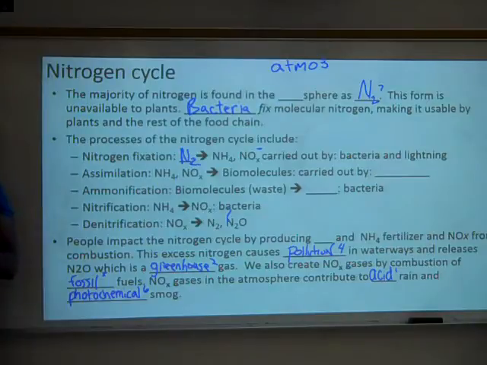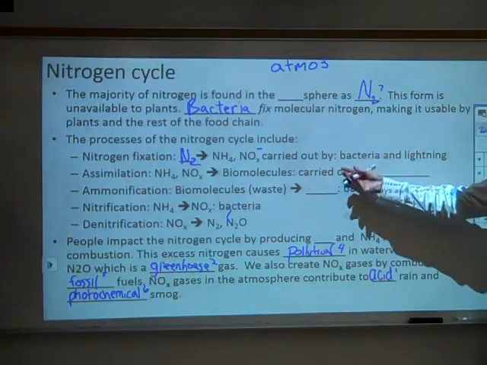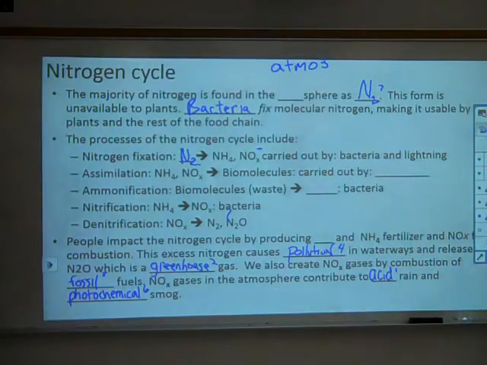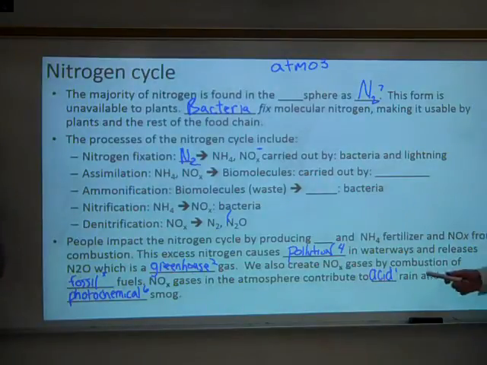Now the next one, assimilation. This is what plants do in general, so this is a general term. In this case, we're talking about it for nitrogen, but it's also what plants do when they make, for example, the glucose from photosynthesis into cellulose. It's when plants build biological molecules. That's what assimilation is.